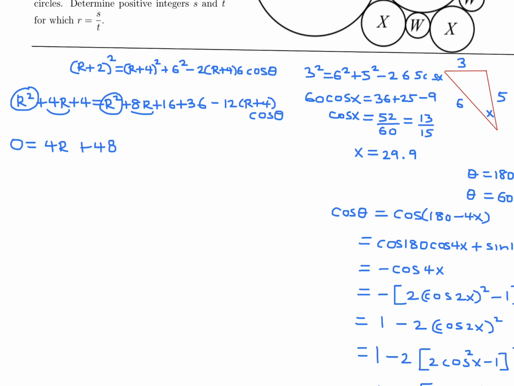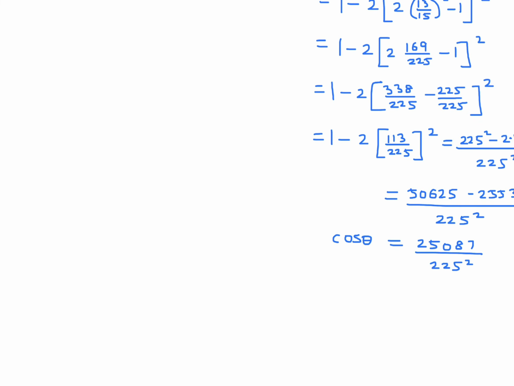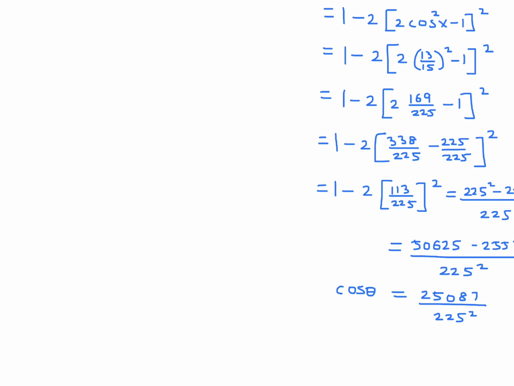And then at this point, I think I have to start expanding here. So this is going to be minus 12 times (r + 4) times cos theta. Let's go back and put in our cos theta value. What was cos theta again? 25087 over 225 squared.